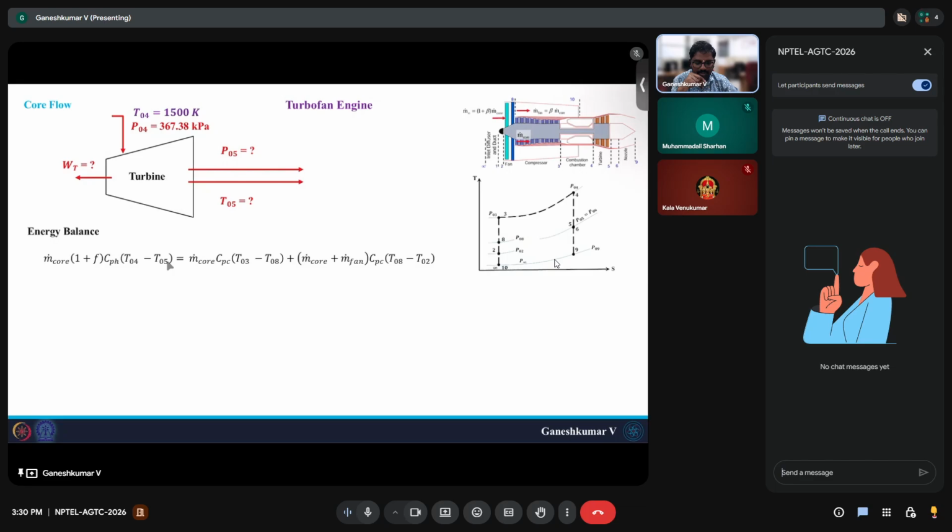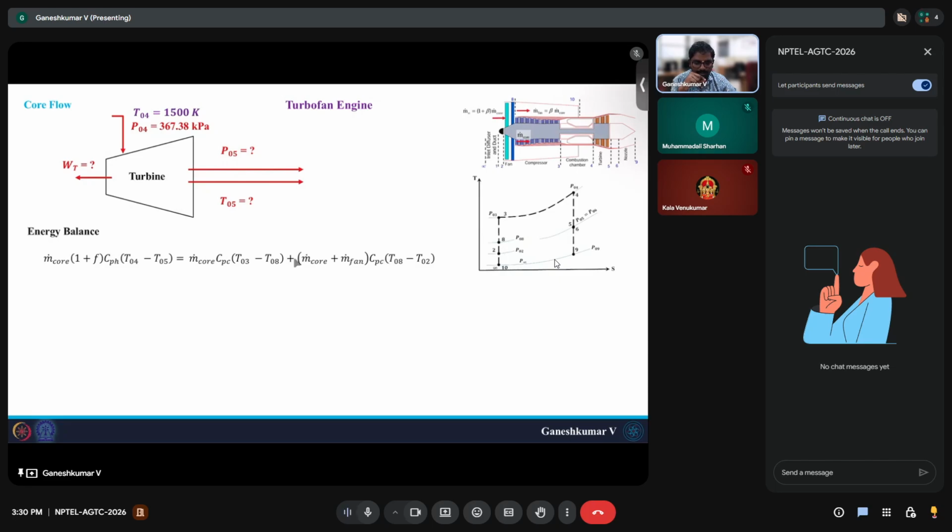So this is the total work extracted by the turbine, which is equal to the work done on the compressor and work done on the fan. Okay, in work done on the compressor, again the compressor is operating for the m dot core. So you have m dot core CPC into T03 minus T08.